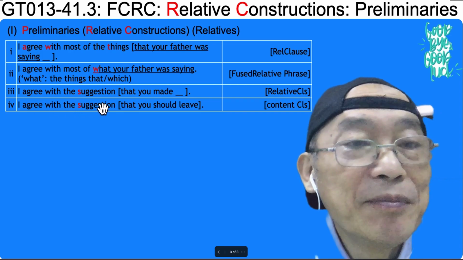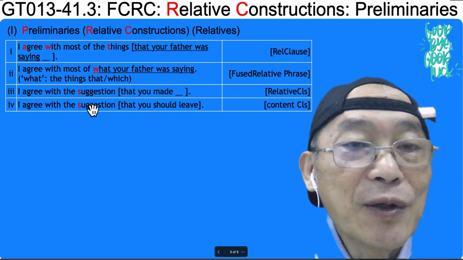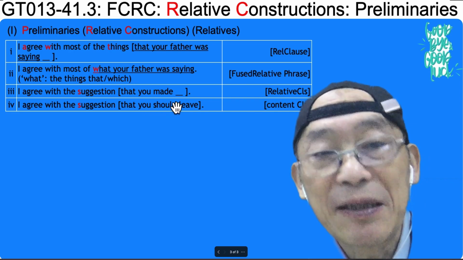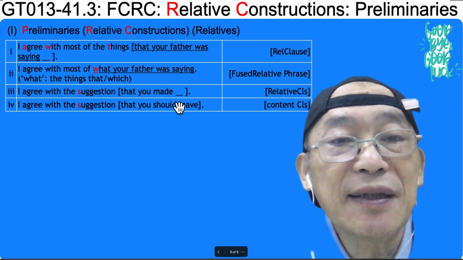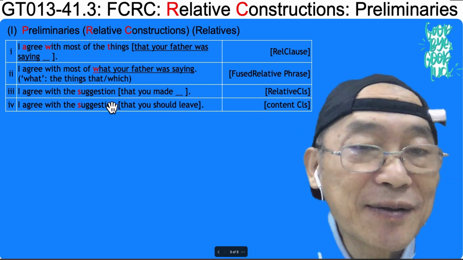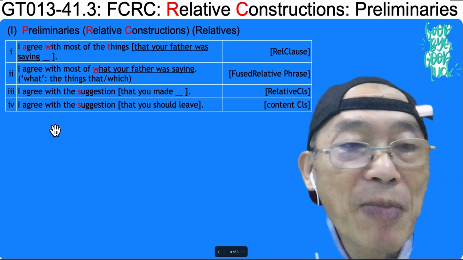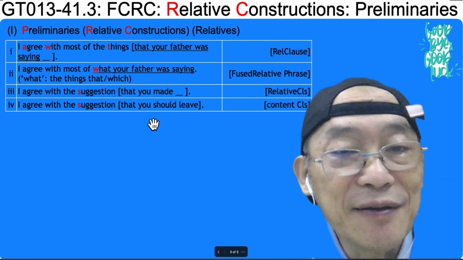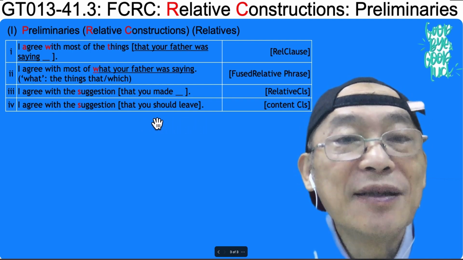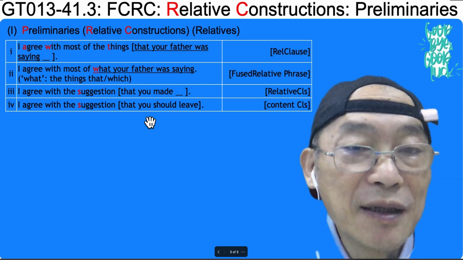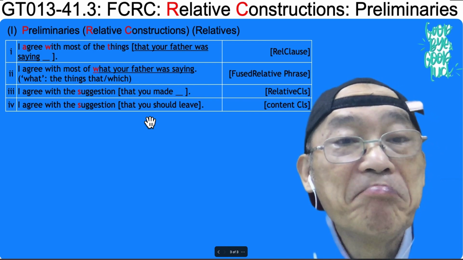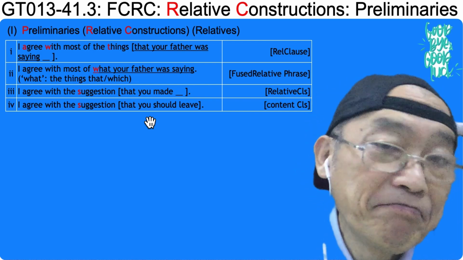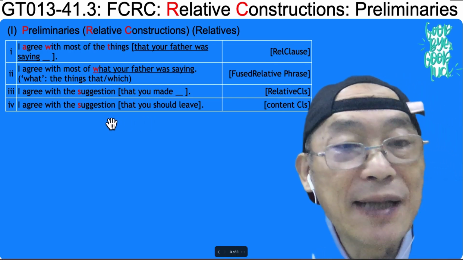Let's check two more sentences. I agree with the suggestion that you made: something is missing, so it's a relative clause modifying this noun. I agree with the suggestion that you should leave: a complete sentence, so that's a content clause, and it is a complement of this noun.